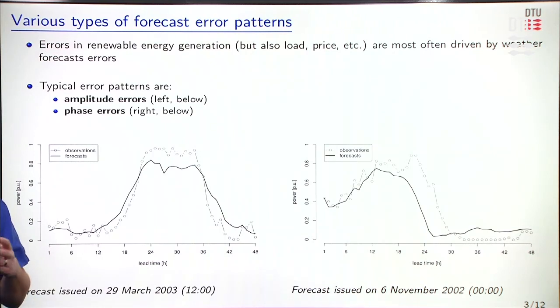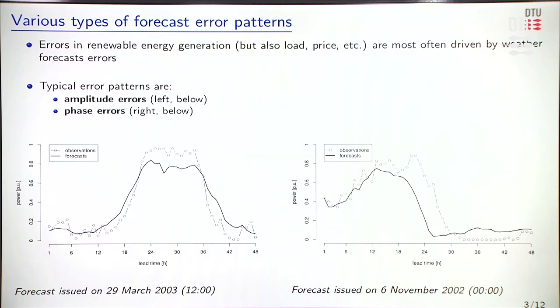For instance, since the errors in renewable energy generation forecasts are most often driven by weather forecast errors, you would expect some patterns we know from weather forecasting errors to be there also in the renewable energy generation forecast errors. Typical patterns are amplitude errors and phase errors.